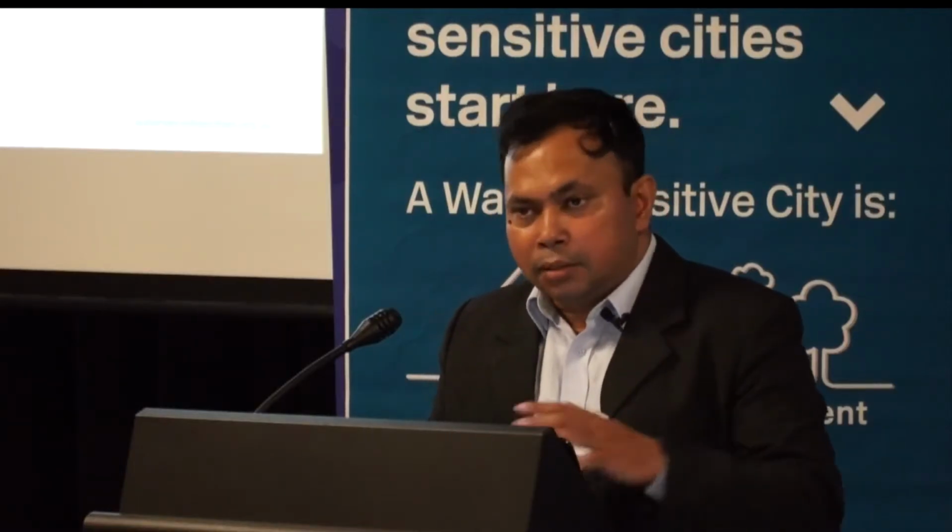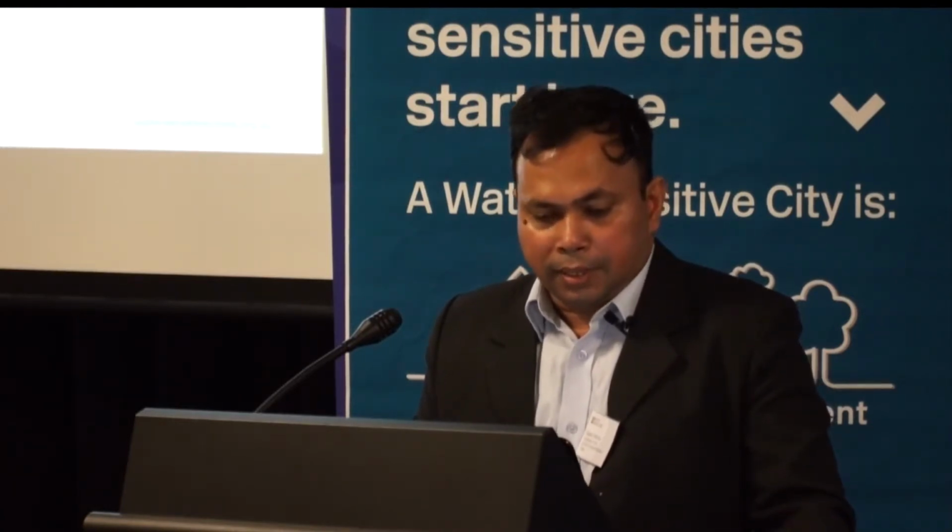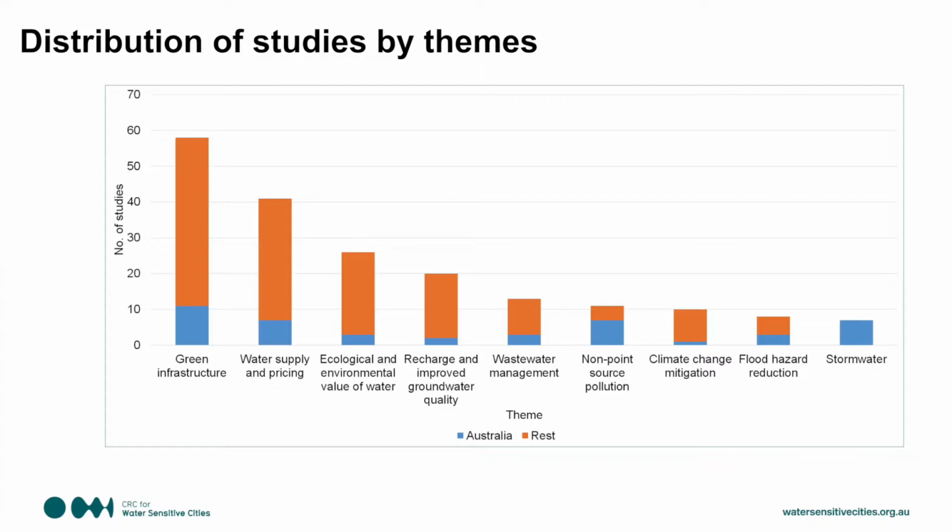It's not evenly distributed in terms of theme and coverage. For example, most of the studies or values were related to green space or green infrastructure, but on the other hand, from Australia it's coming almost around 20% of those values. So most of the studies that we have were conducted outside of Australia.